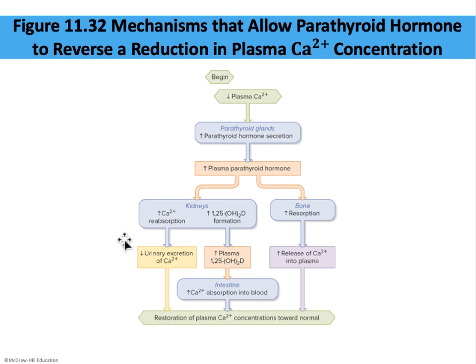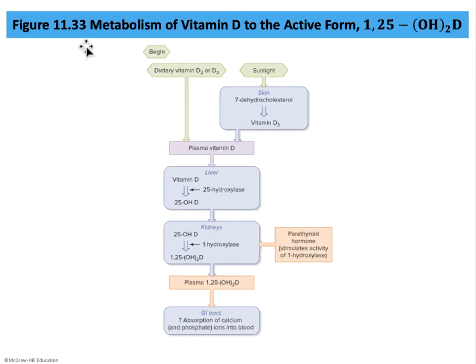So please, flowcharts are very important in this course. With that in mind, this flowchart, figure 11.33, shows us how vitamin D in its active form, 1,2-dihydroxy vitamin D, influences the absorption of calcium from the GI tract.